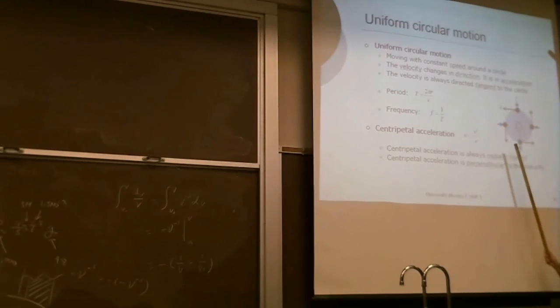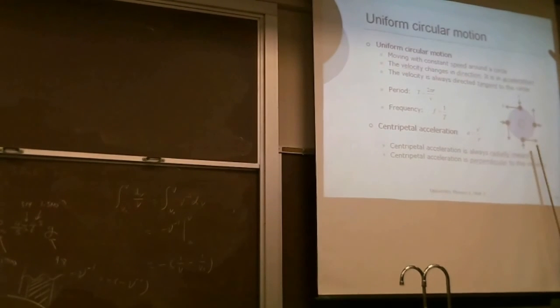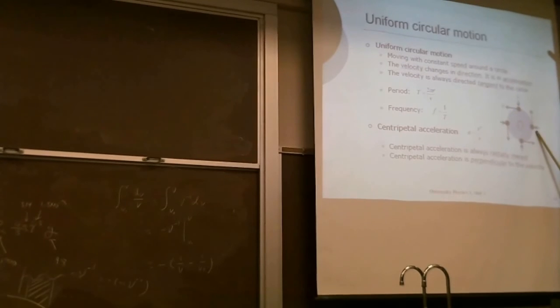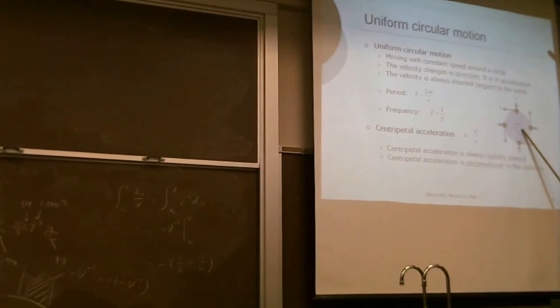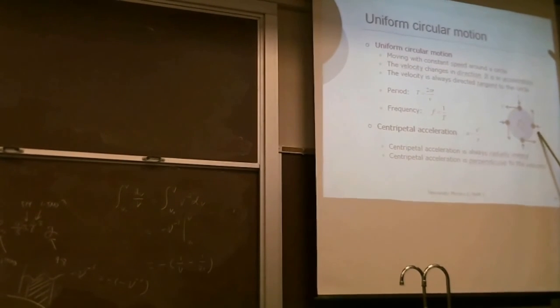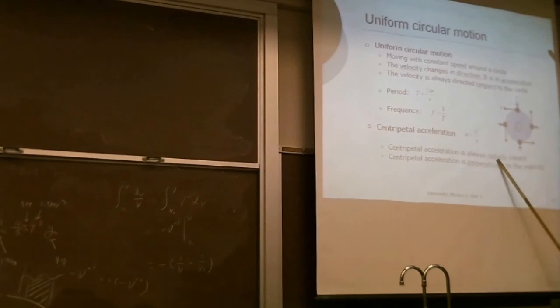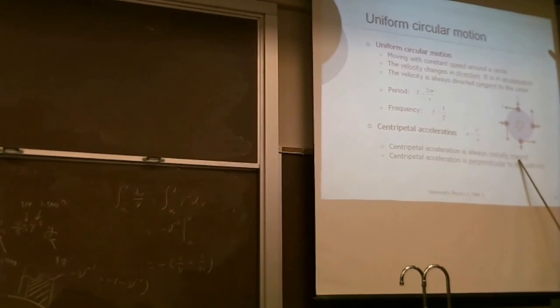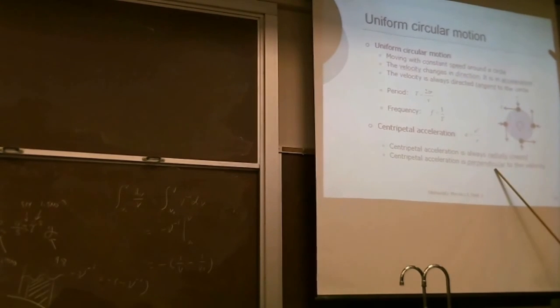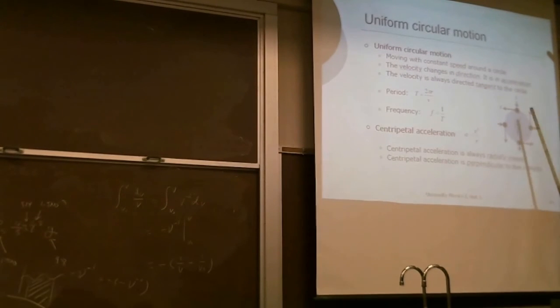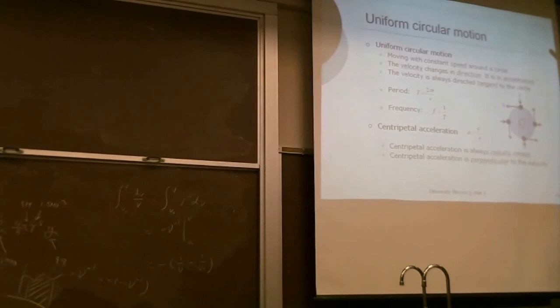It is called centripetal because it always points to the center. So centripetal acceleration is always radial, inward, and perpendicular to the velocity. Velocity is always in the tangent direction.